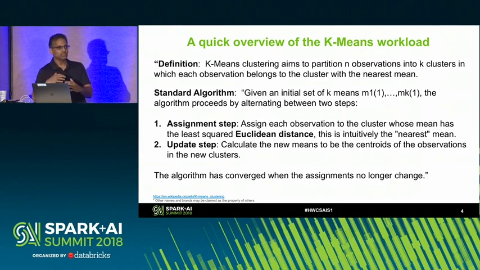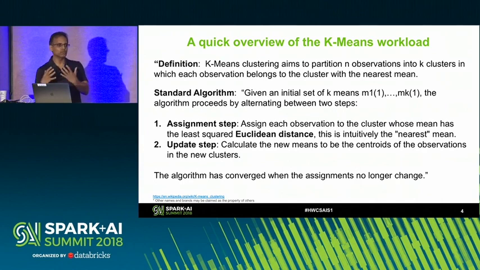It does it in repetitive steps. The first step is an assignment step, where it assigns the observations to the cluster, like I explained before. Then it recalculates the mean of the cluster and figures out the centroid for that cluster. This process repeats until the algorithm has converged.